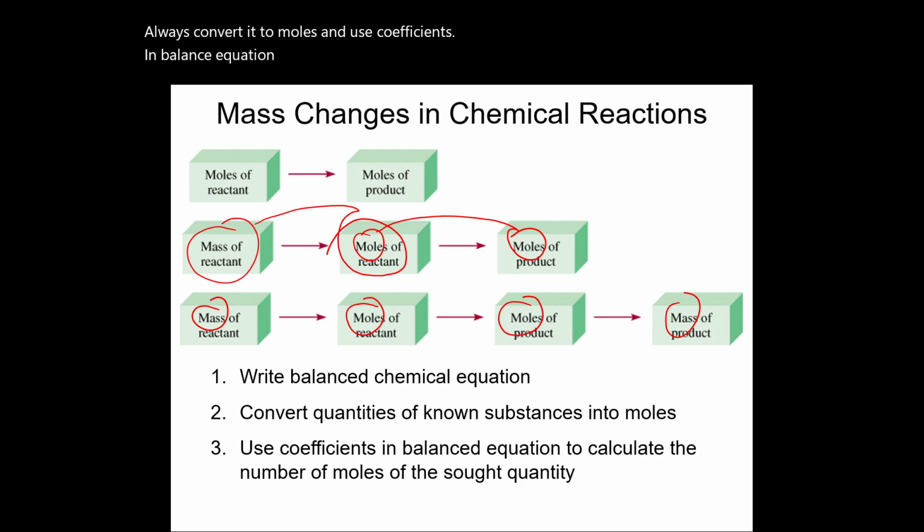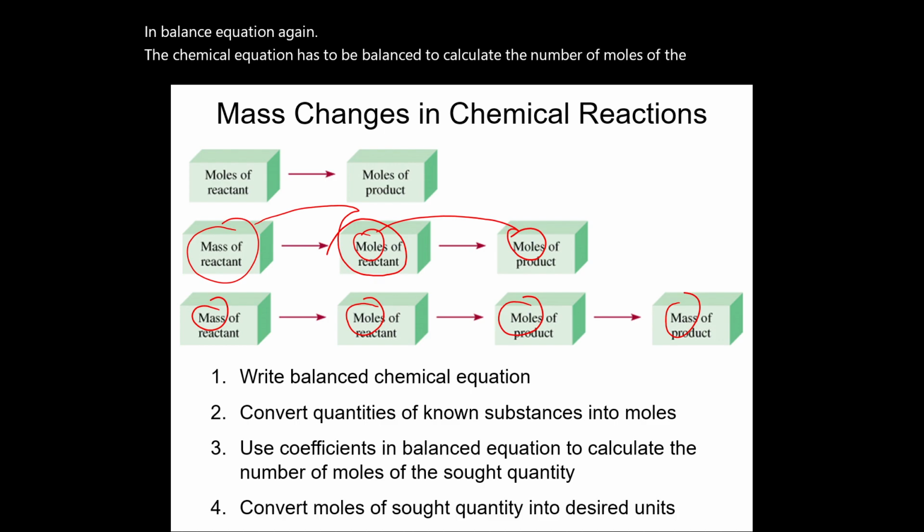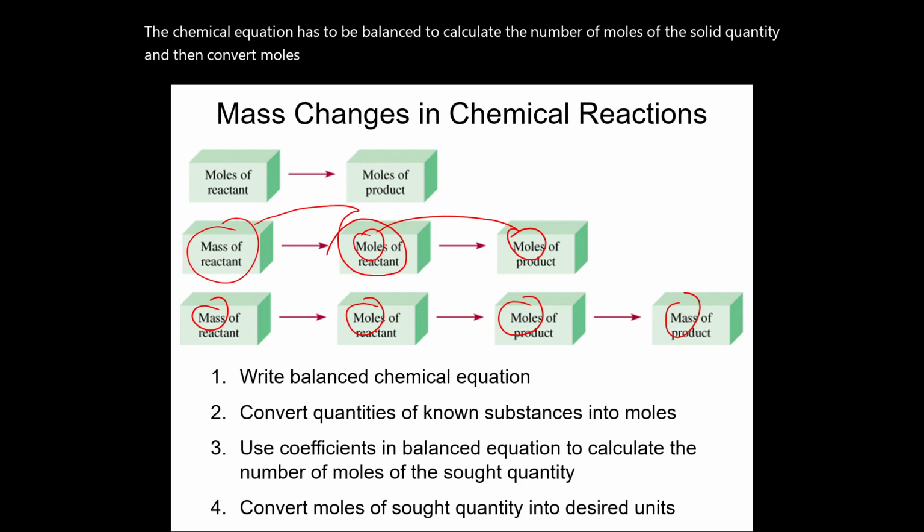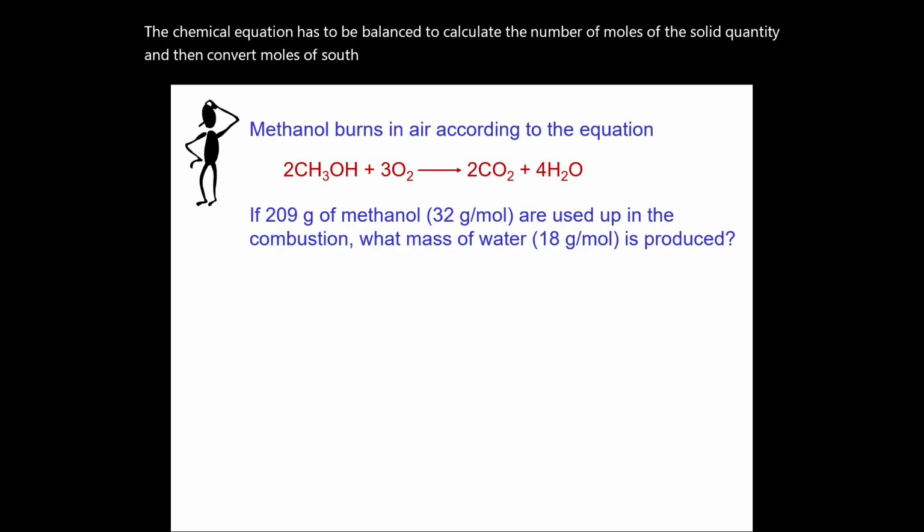Again, the chemical equation has to be balanced to calculate the number of moles of the substance, and then convert moles into the desired units. So this is another example here. Methanol burns in air according to the equation.